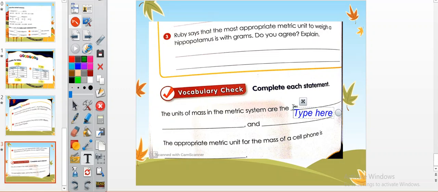Here we have kilograms, grams, and finally milligrams. And the appropriate unit to measure the mass of a cell phone or a mobile phone is the grams.